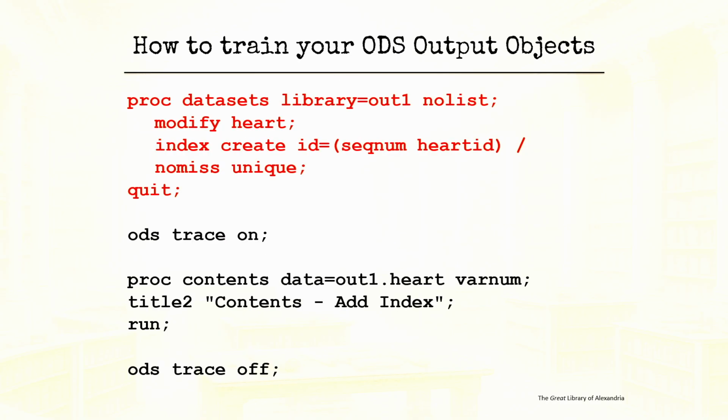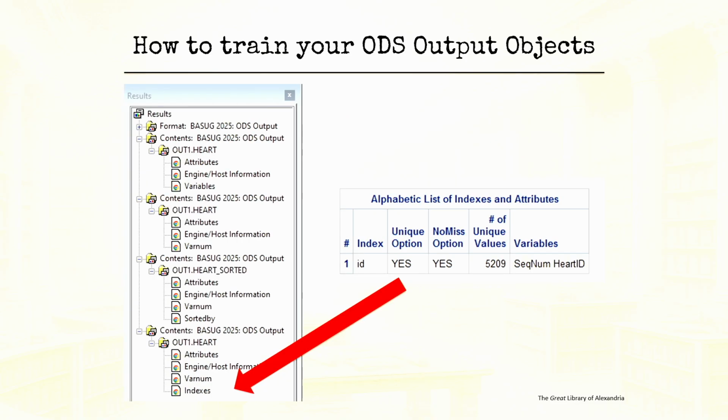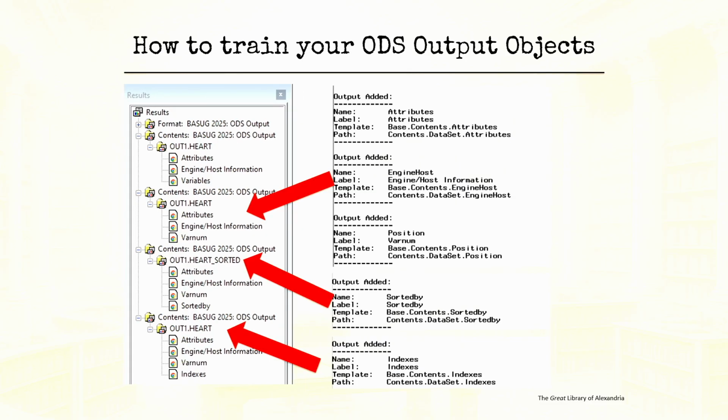Similarly, if a file is indexed, a new ODS object is created. And we run the same ODS output. And this time, we're going to get an index ODS output object down at the bottom.